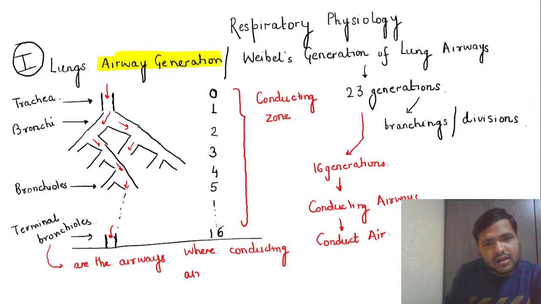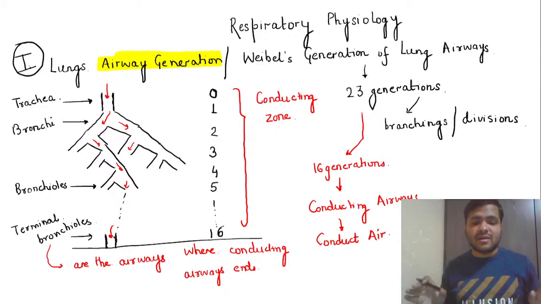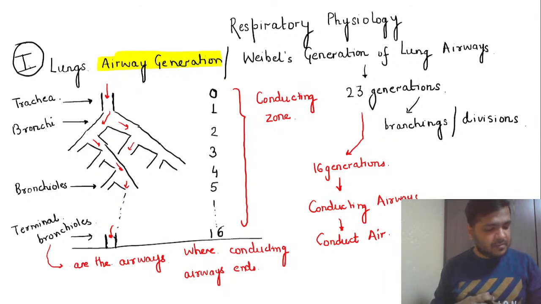This is the point where the alveolar airways will begin. Terminal bronchioles are the end points, the transition points from where the alveolar pathway will begin.